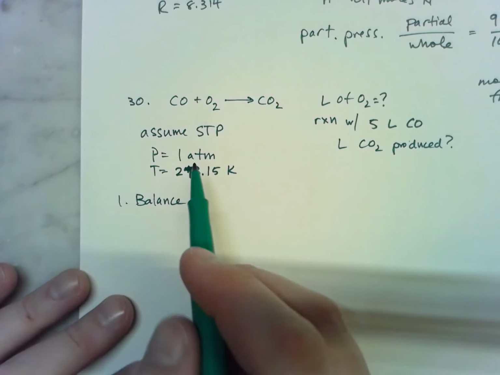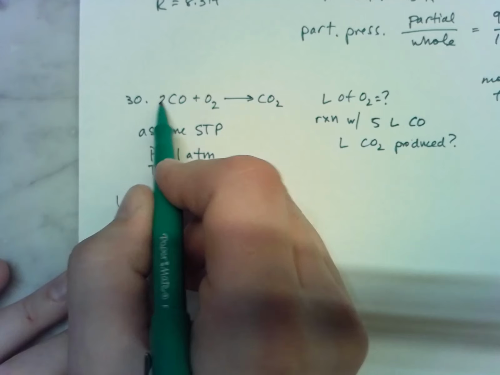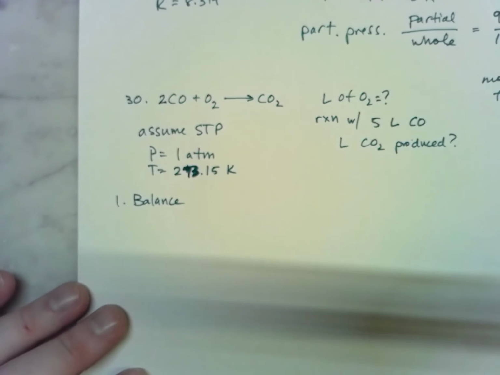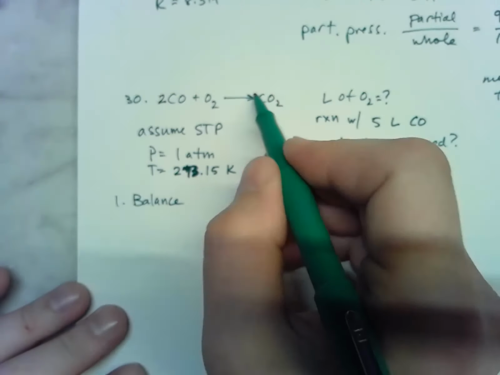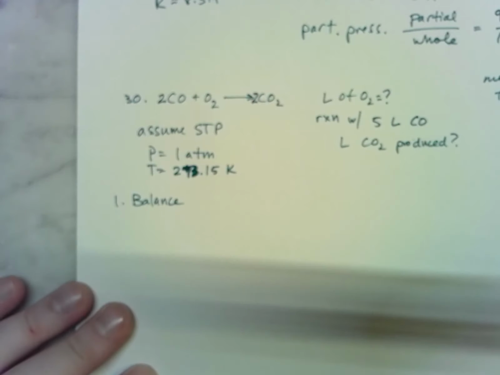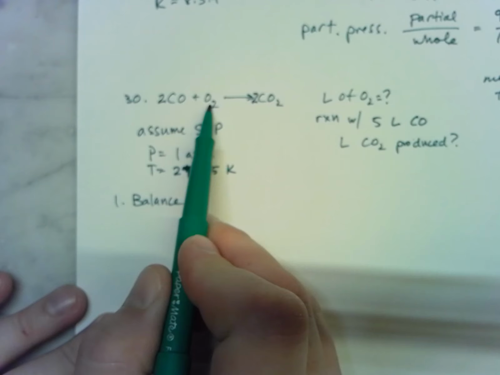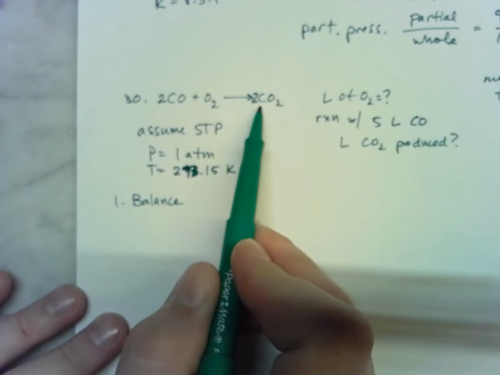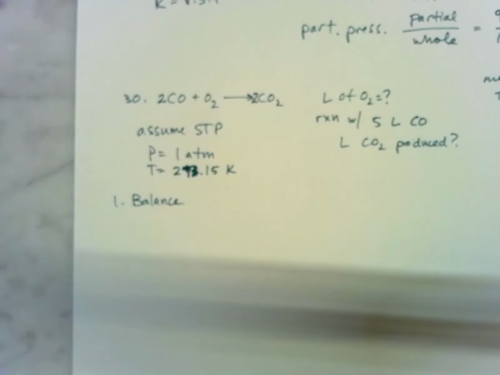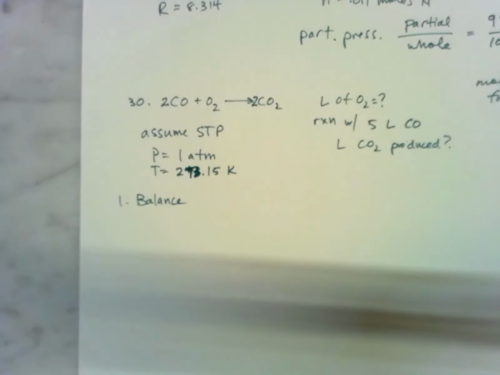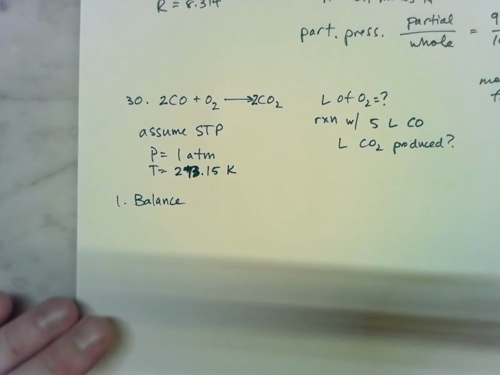Okay, so let's get rid of that being an odd and put a 2 right there. And we'll also put a 2 right here to balance out the carbons. Okay, so we got 2 oxygens, 4 oxygens, 4 oxygens, 2 carbons, 2 carbons. Now we're balanced. Good deal.